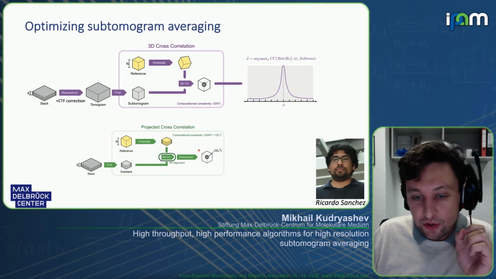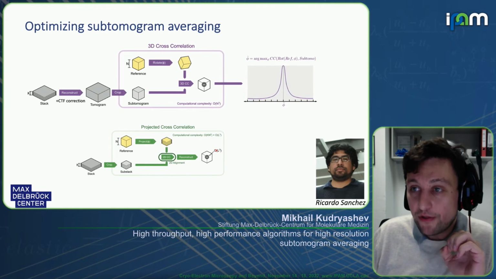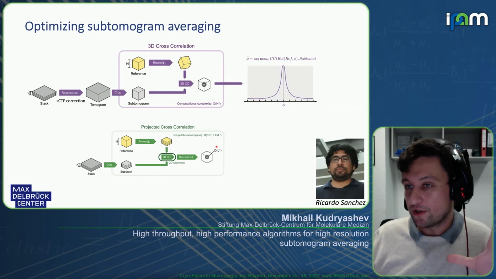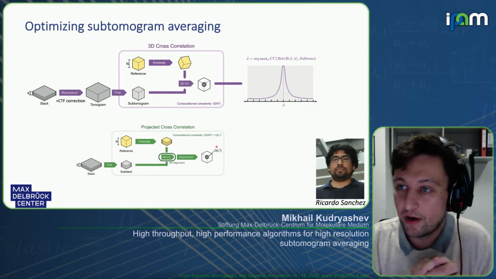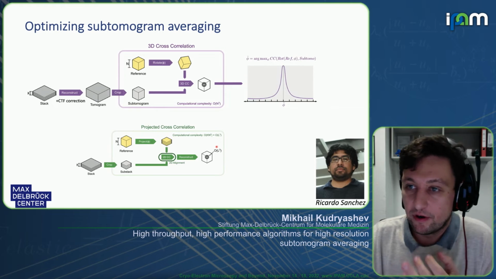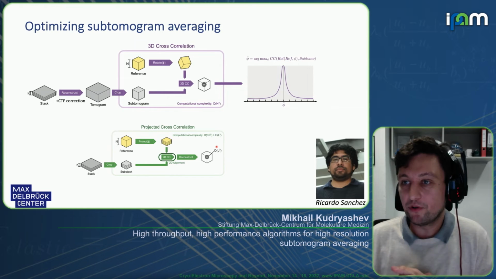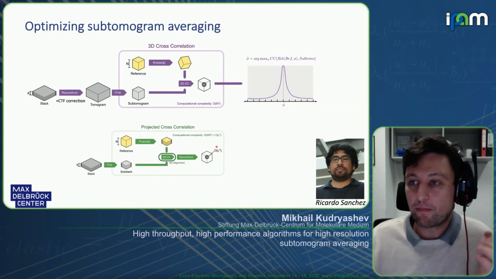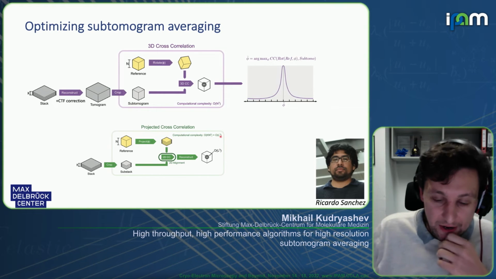But the trick is that you do not need to reconstruct the whole 3D volume of cross-correlation. Typically it's mostly zeros, and only in a certain area is there useful information, and you know in advance roughly where it is, around the center of your particle.